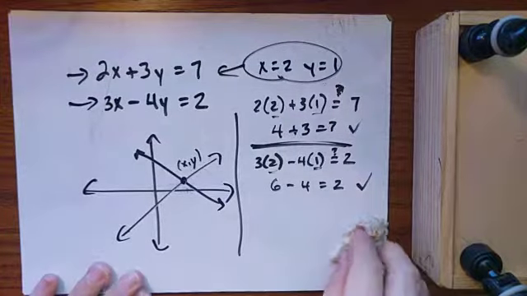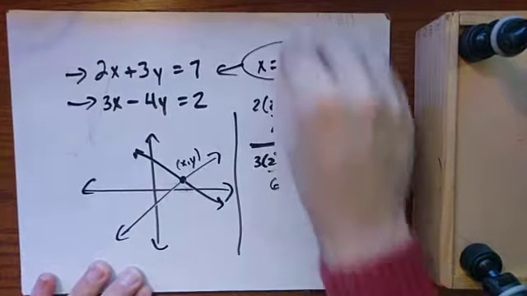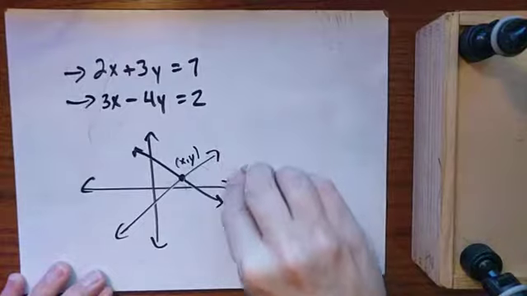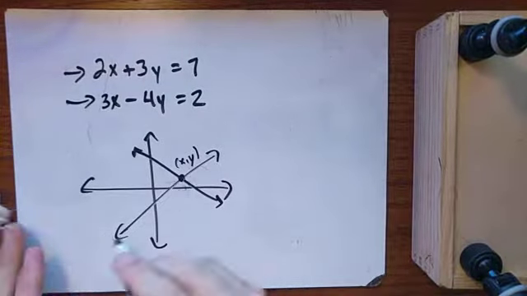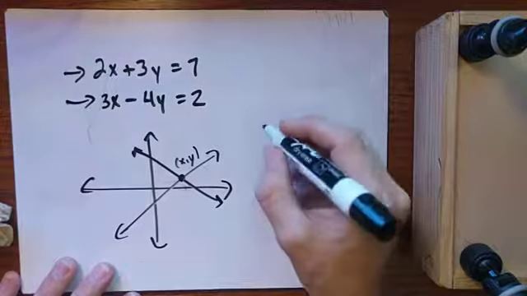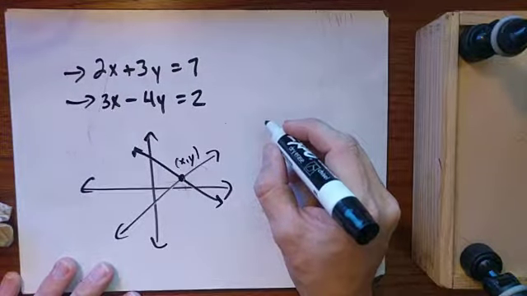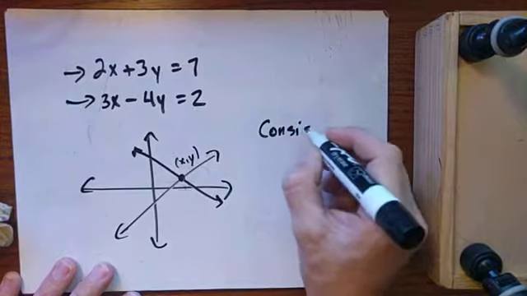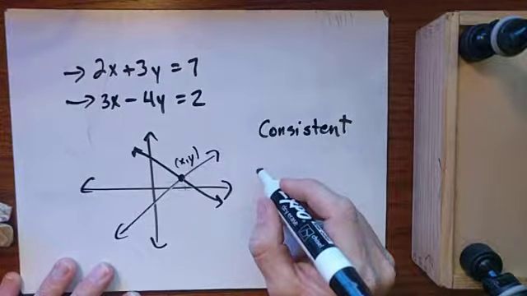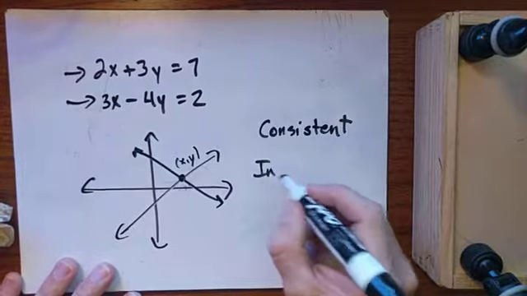Now, regarding a system like this, there are some vocabulary words that you'll need to know. When the graph looks like this, when two lines are different lines and they intersect in one point, this is said to be consistent and independent.